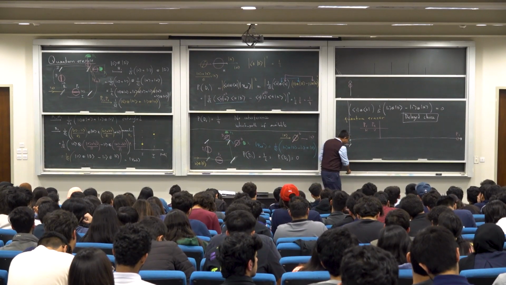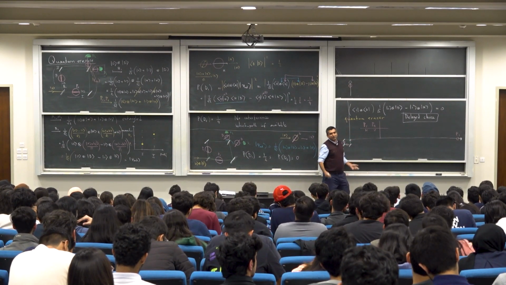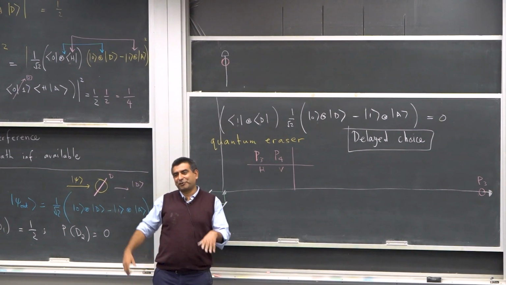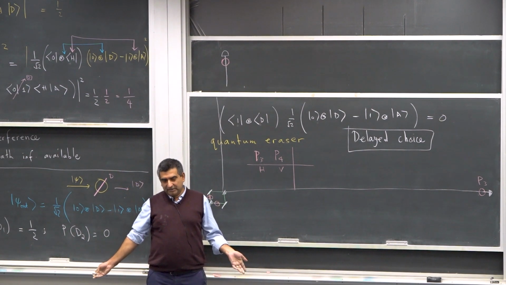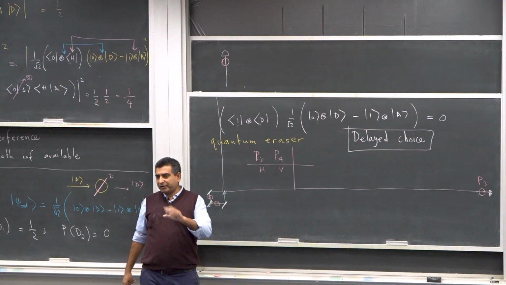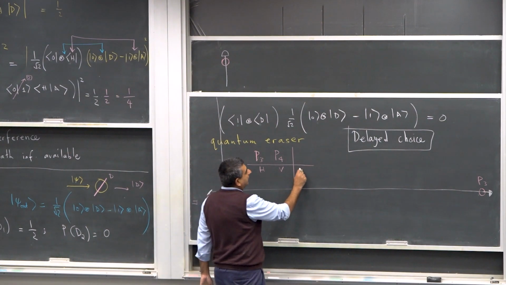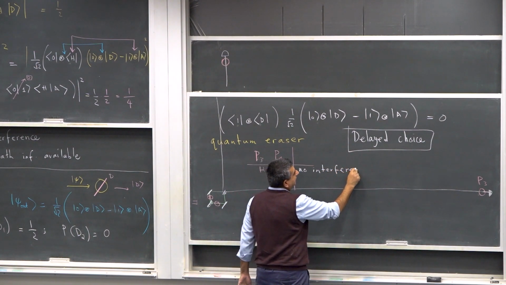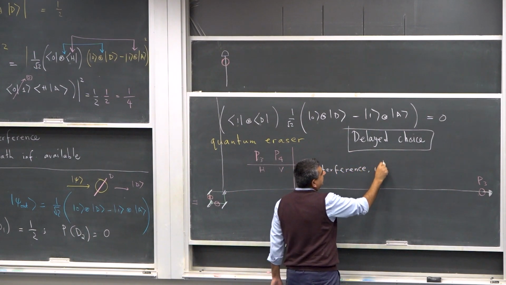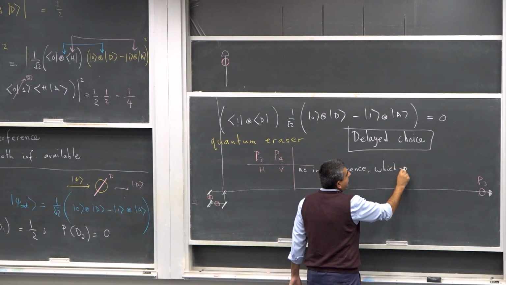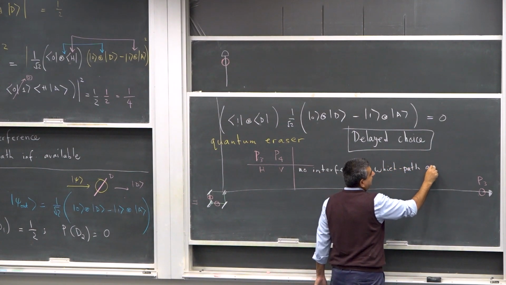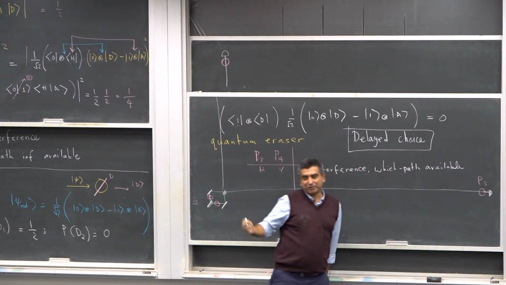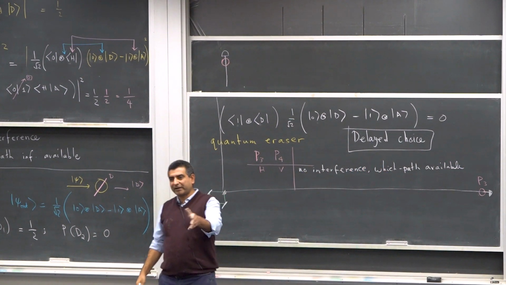So if you choose your polarizers in this configuration at leisure, after the photon has come out from the interferometer, because you wait long enough, then there is no interference. Which path information is available, so far so good, because you can tell which path the photon has taken by looking at which detector clicks.